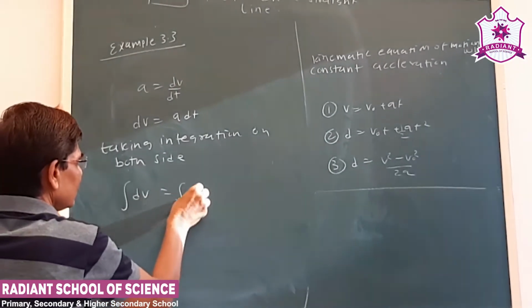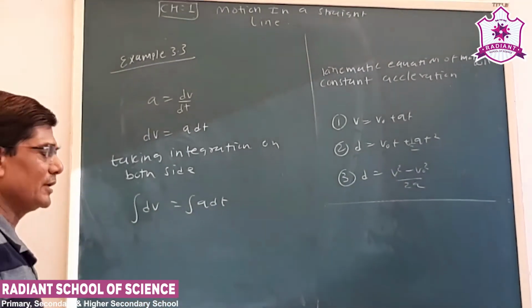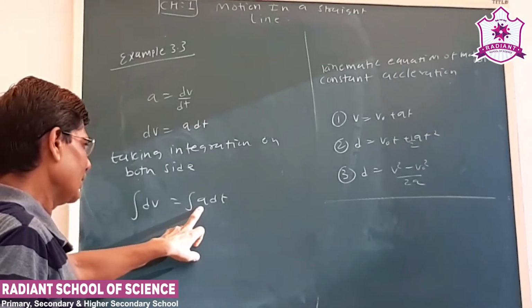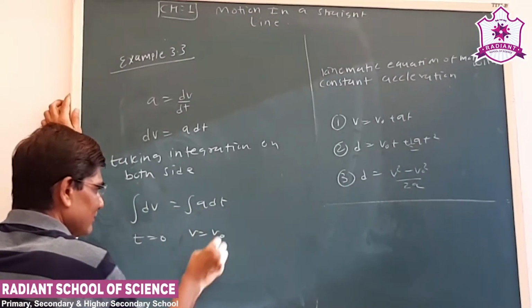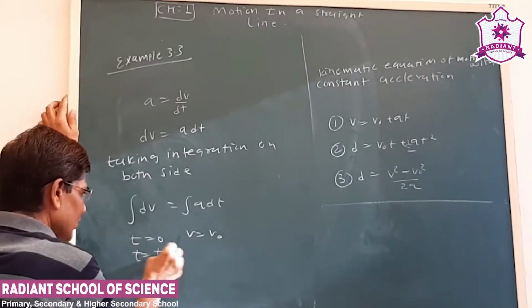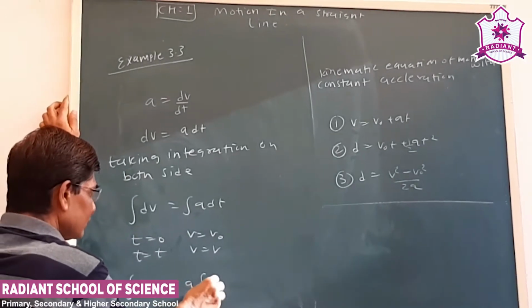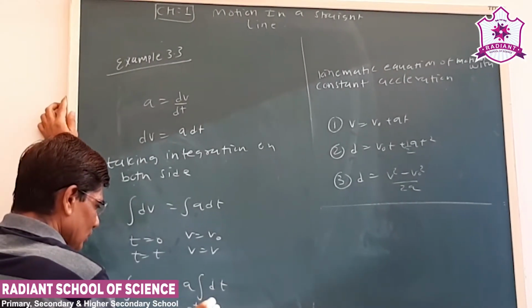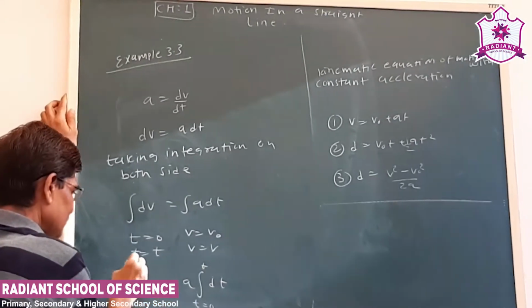Now our motion is with a constant acceleration, so we can consider a as constant. Here at t is equal to 0, velocity we consider as v0, and at time t is equal to t, velocity is v. So these are the limits of the integration.